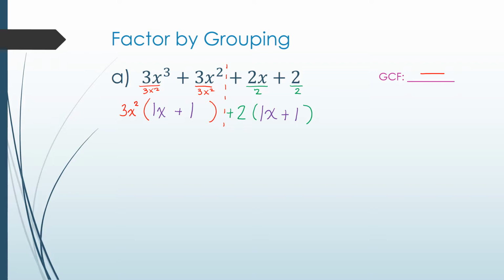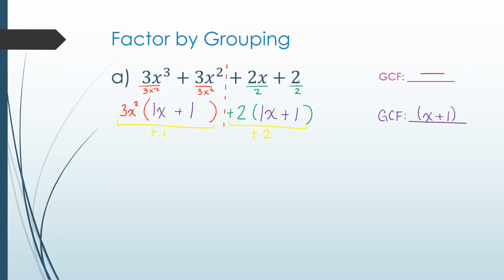Now looking at this, do we notice anything that's in common? Is anything repeating out of our two terms? Now keep in mind, this is two terms. We have term 1, and we have term 2. And if you notice, we do have a common factor. The item that's being repeated in both of these terms is x plus 1.